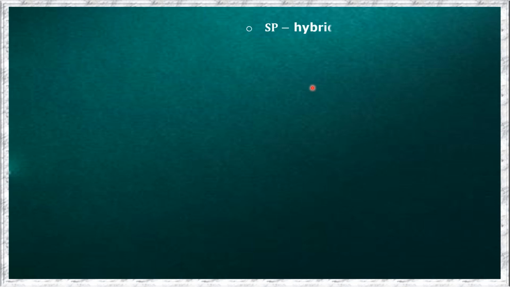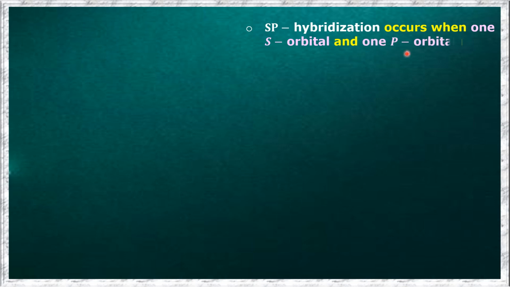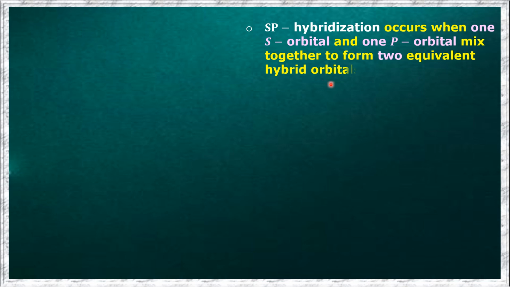So sp hybridization occurs when one s orbital and one p orbital mix together to form two equivalent hybrid orbitals that lie in a straight line. You can better understand the sp hybridization by visualizing atomic orbitals.